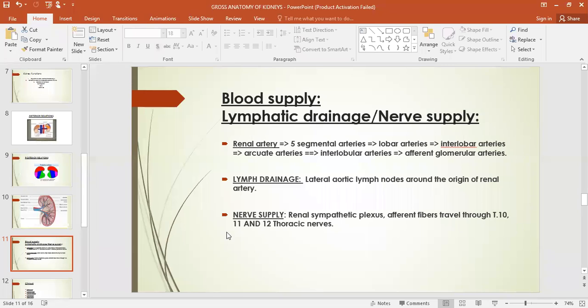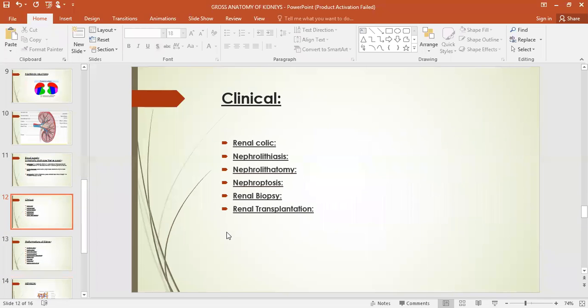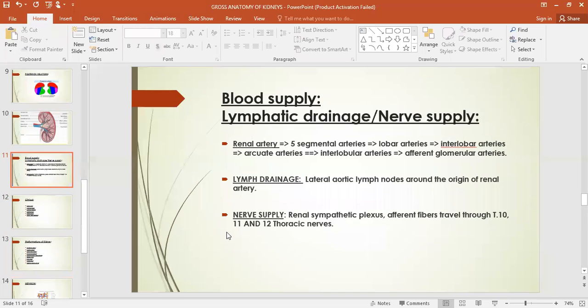Kidneys are supplied by the renal sympathetic nerves, afferent fibers, which travel through the T10, 11, and 12 thoracic nerves. So this is about the gross anatomy of the kidneys.